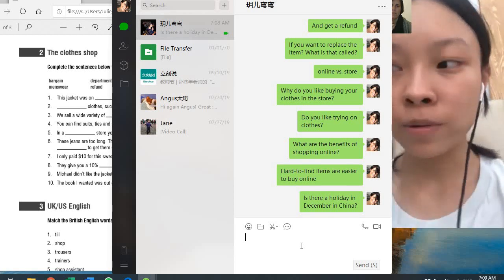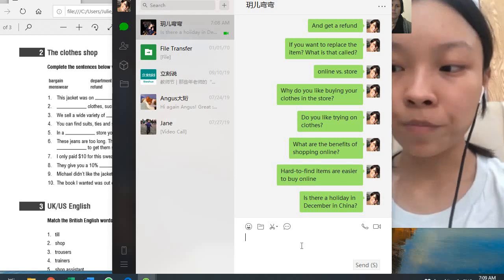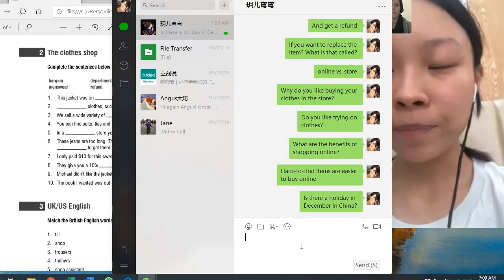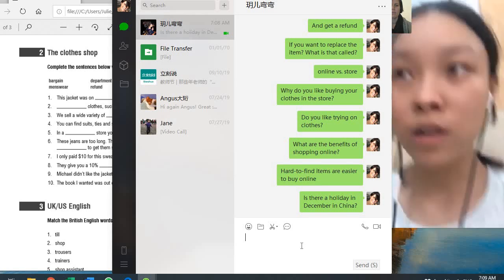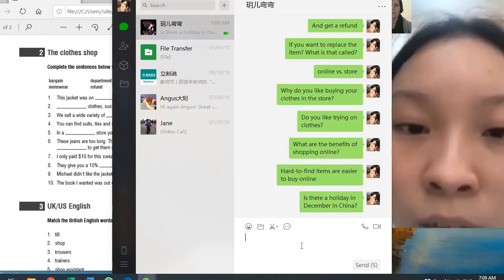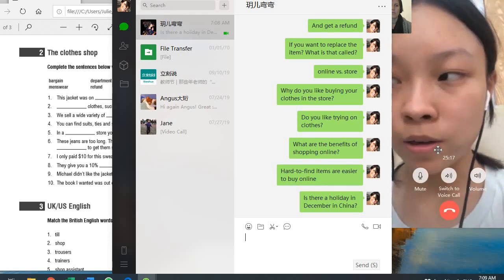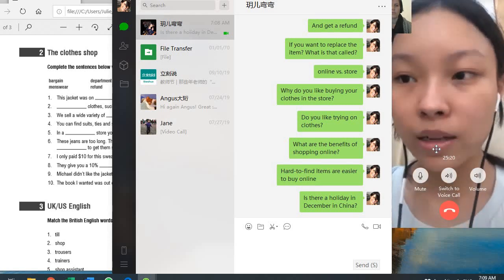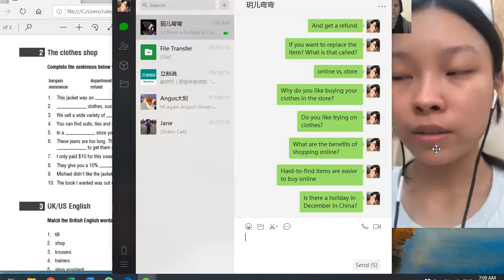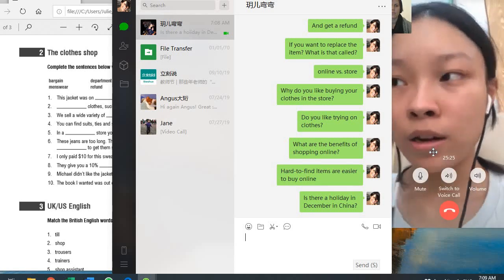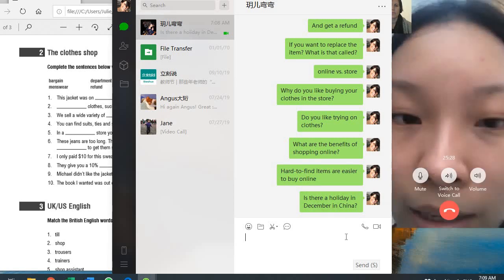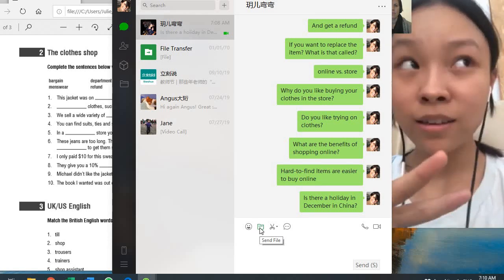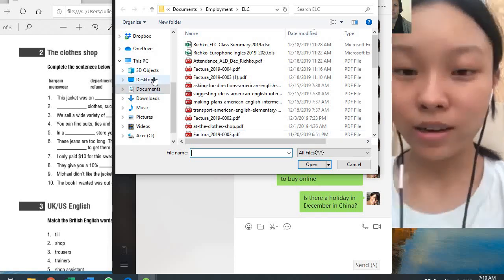For example, if you shop and reach 200, it will reduce 20 dollars.